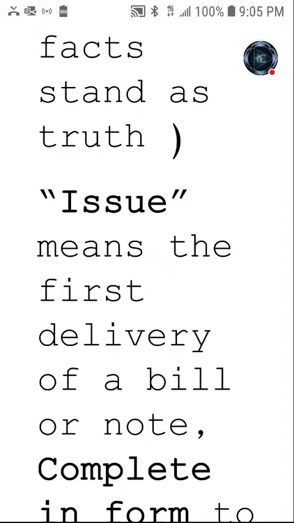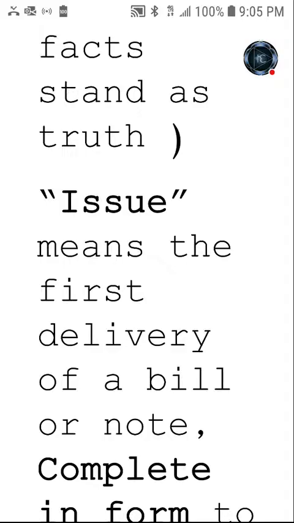So those are facts as well relevant to the case. They aren't general, they're relevant to the case. And they stand as truth because everybody is familiar with these facts.